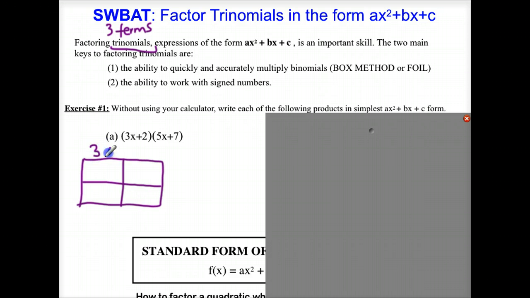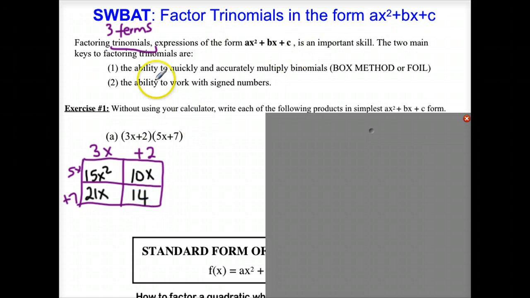So, I'm going to write 3x plus 2, and I'm keeping the signs, 5x plus 7. Then I want to fill in my boxes. Remember, 5x times 3x is 15x squared. 5x times 2 is 10x. 7 times 3x is 7 3's, 21x, and 7 times 2 is 14.